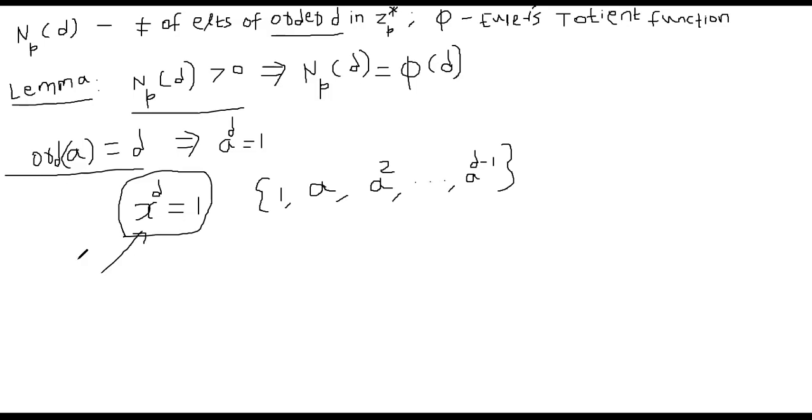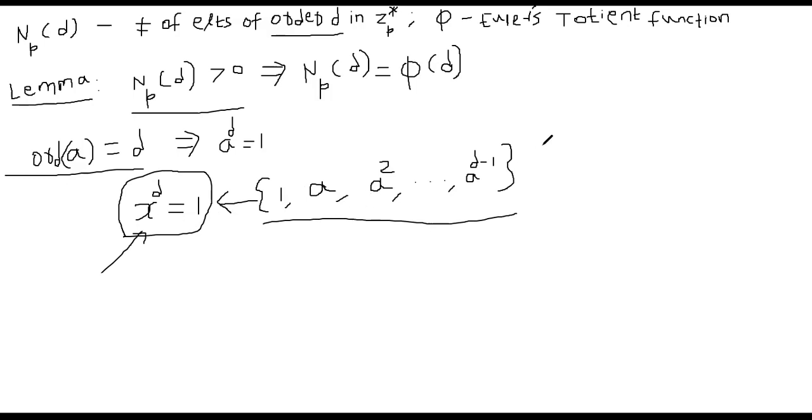We have clearly seen from the definition that all elements that have order d will satisfy this polynomial, the one that I have put in the box. But these are the only possible roots for this particular polynomial. That means we have to count how many elements in this set have order d. If any element in the set has order d, this equation will be satisfied. So how do we find how many elements in this set have order d?